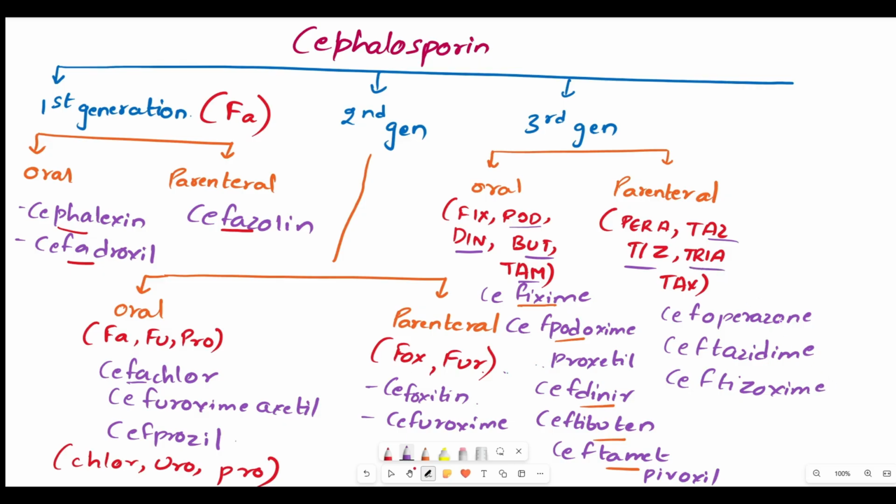Then it is TRIA, and the example is ceftriaxone. Then the last one is TAX, which is cefotaxime. If any drug has terms like para, tus, tis, tria, tax, it will come under the third generation, especially in the parenteral class.